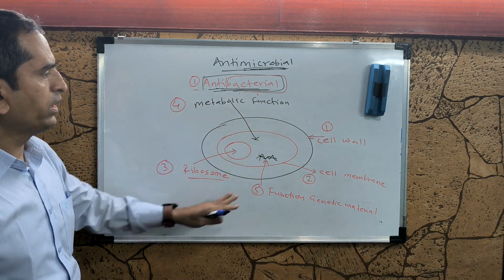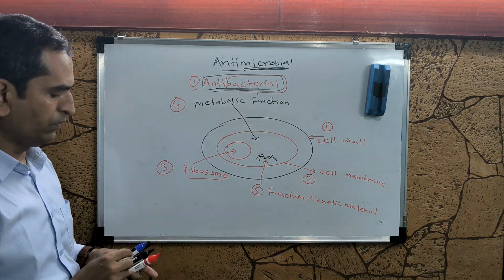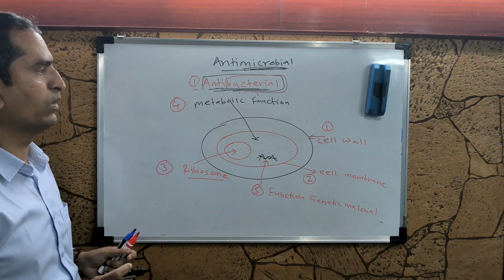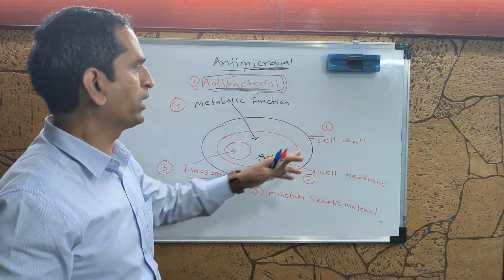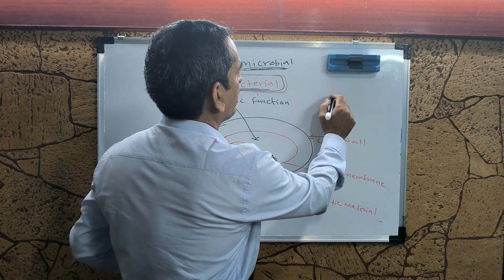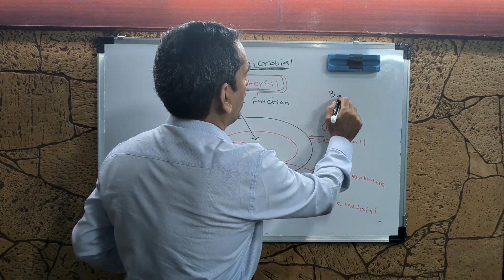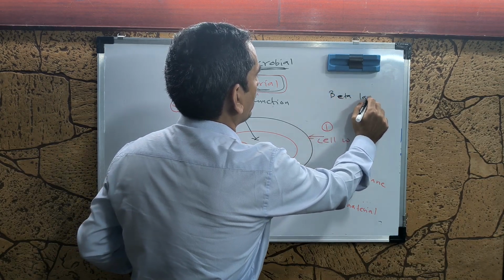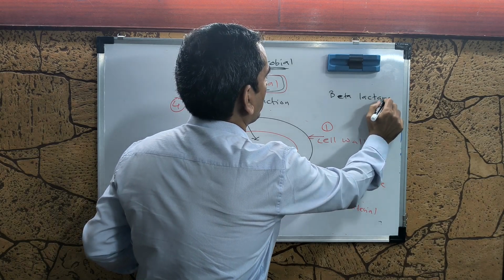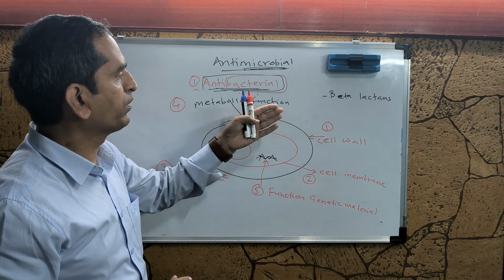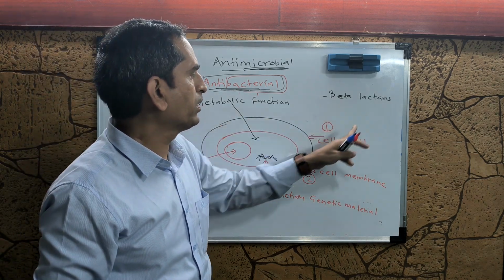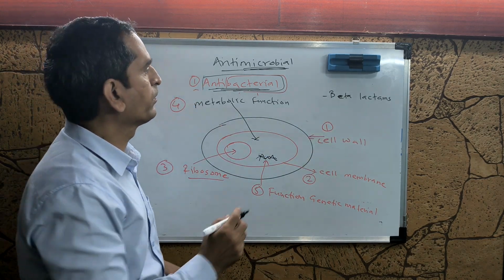Now let us discuss which drugs work on the bacterial cell wall. There are several drugs which work by inhibiting the formation of the cell wall. One category of drugs is the beta lactam drugs. There are different types of beta lactams, which we will discuss in one of the lectures. Beta lactams inhibit the cell wall.